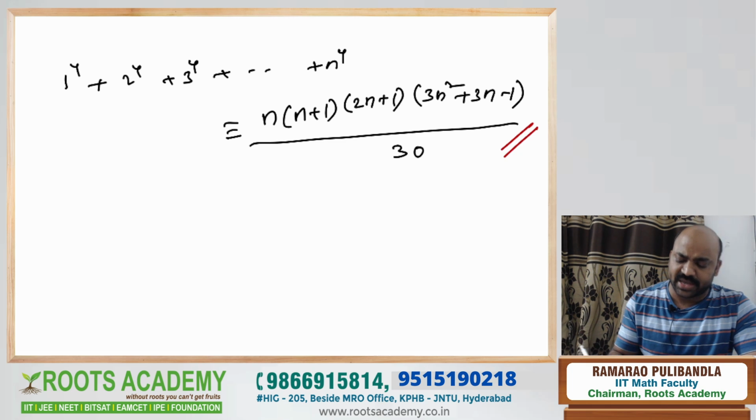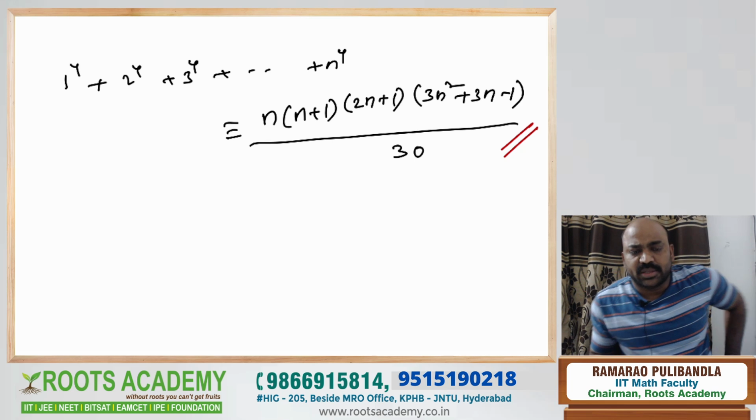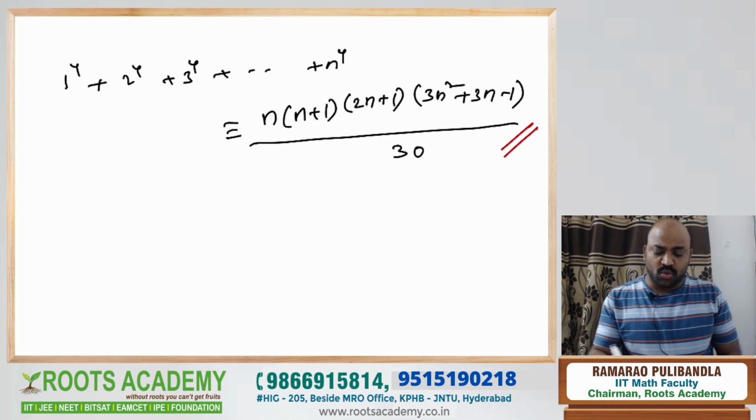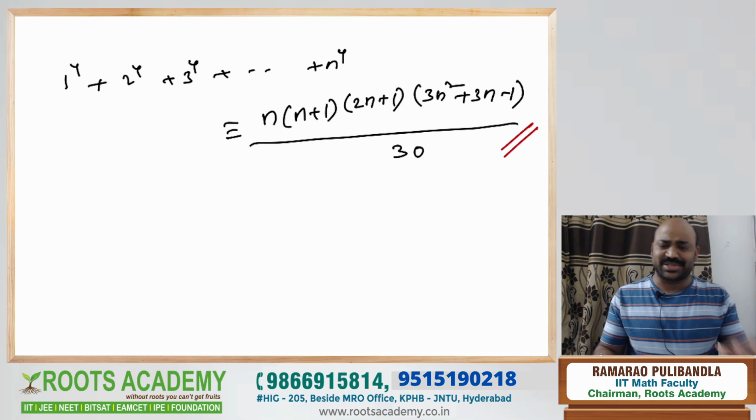Can you remember this, dear students? What a beautiful formula you have to remember. These formulas will help you a lot. Generally, you won't get this in school days, but this is what everyone wants who wants to get into an advanced IIT seat.